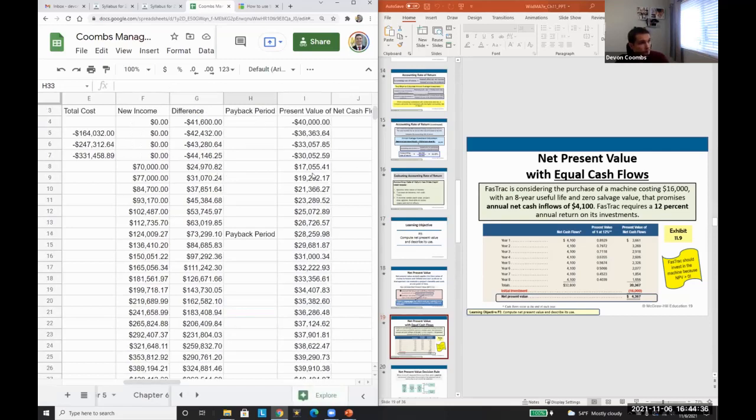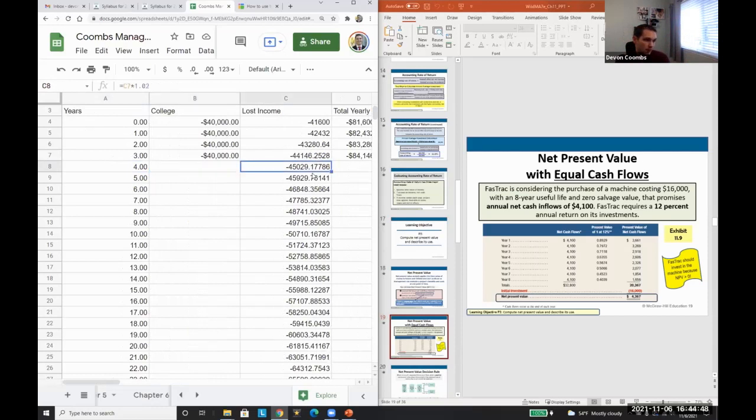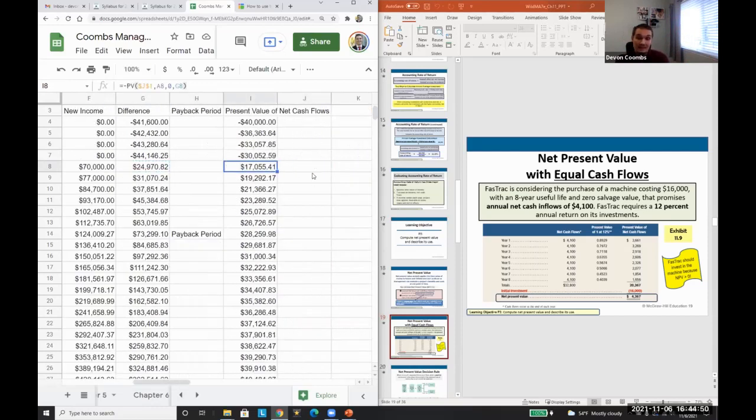So what we're saying here is, what is this difference of $24,000 worth in today's dollars? What would I have to invest today to make $24,000 in 4 years? If I invested $17,000 today in the marketplace in the S&P 500, in 4 years, it would be worth $24,000. Does that make sense?